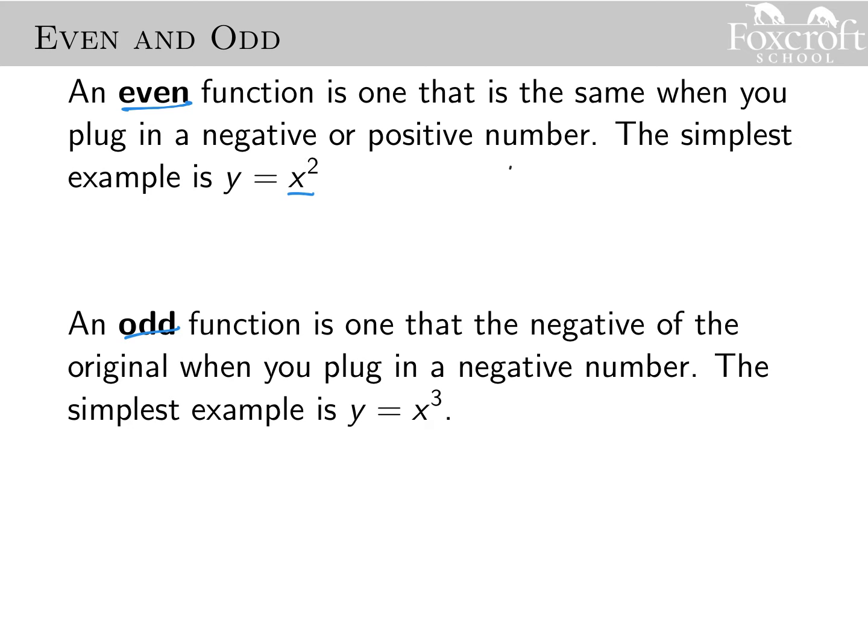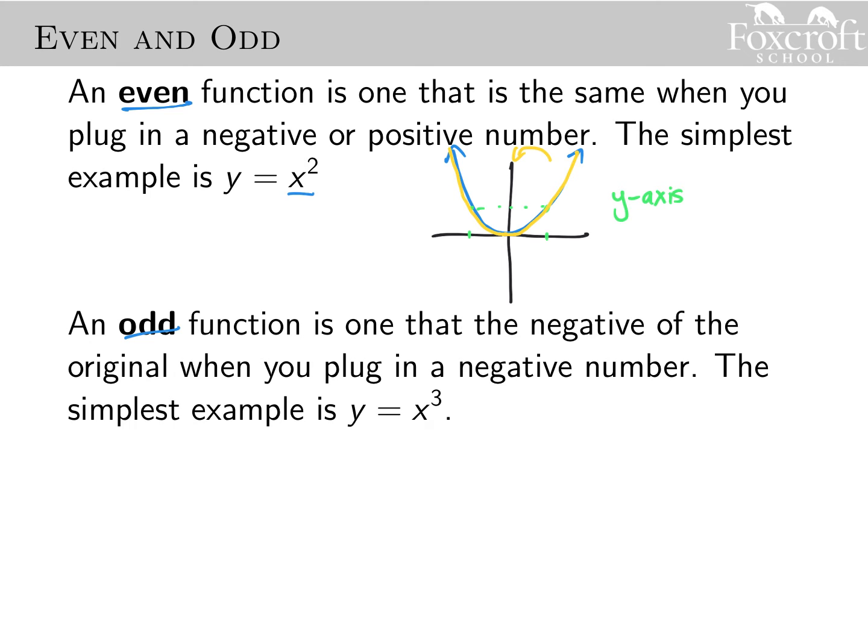So if I were to graph x squared, it looks like this. And if I plug in this positive number here, I get the same thing if I plug in its negative number, right? So those y values are the same. And the thing we say about even functions is they're symmetric about the y-axis. So if I take this right-hand side of my function and I flip it over the y-axis, I'm going to get the left-hand side and vice versa.